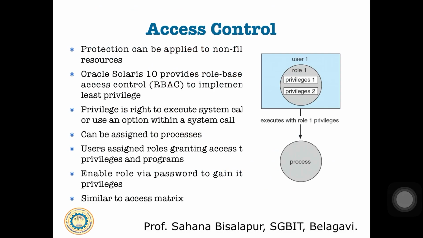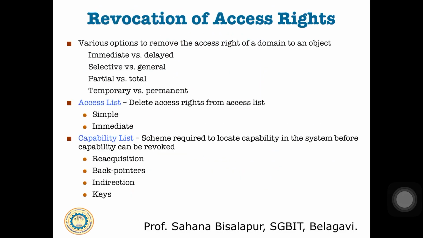This decreases the security risk associated with super users and setUID programs, which we studied in a previous concept while studying domain implementation with Unix. And it is also similar to the access matrix we studied in the previous video.